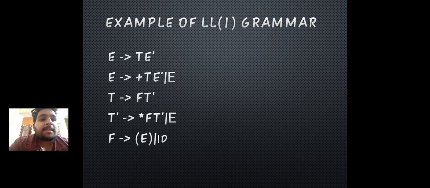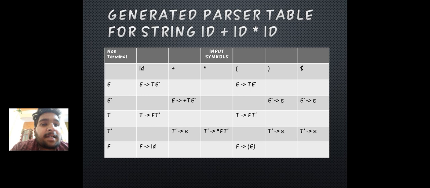As you saw in the example, here is the grammar. It is represented in the table. The non-terminals are E, E', T, T', F. Input symbols are id, plus, star, opening braces, closing braces and dollar symbol. For non-terminal E, under the input symbol id, E is represented as T E', and in the open braces also E → T E'. For E', under the input symbol plus, E' → + T E' is placed in the plus column, and T → F T' in the open braces.